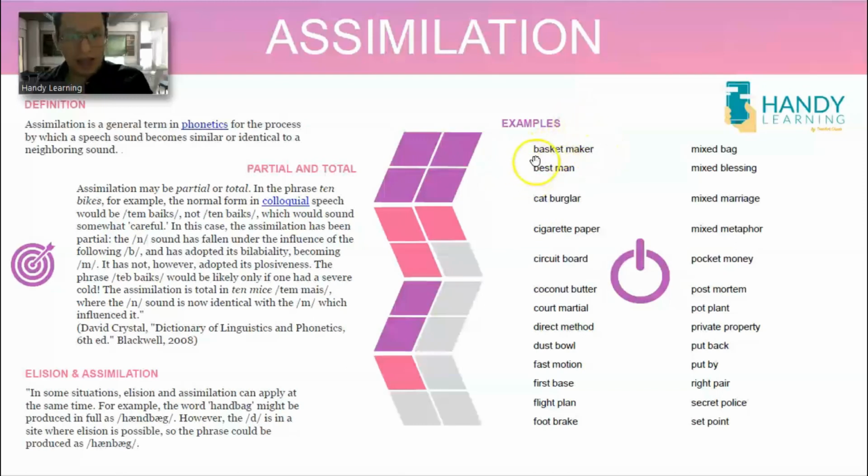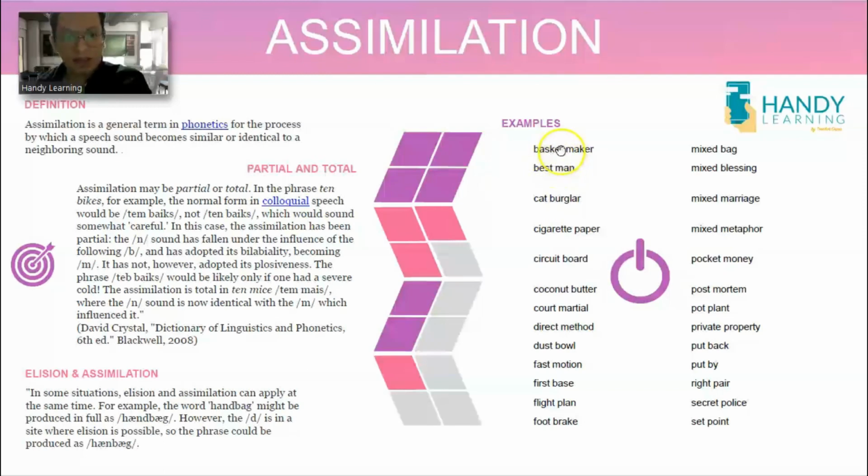For example, we have basket maker. We must pay attention to the end sound of the first word, which is a t sound, basket, and the next sound, which is maker. When we pronounce this in normal speech, we're actually putting together, changing the sound of the t, basket maker.